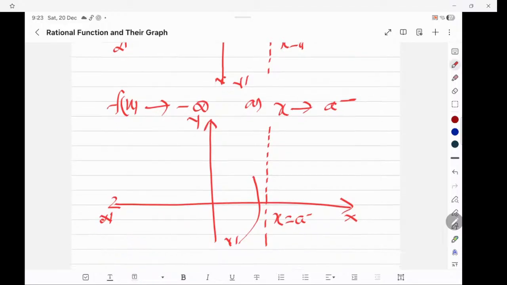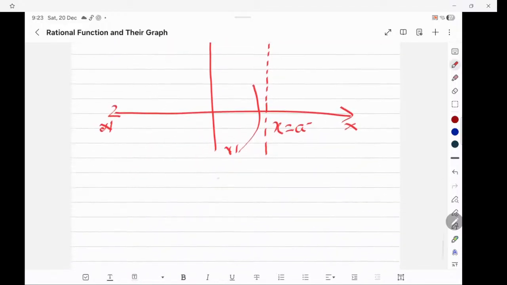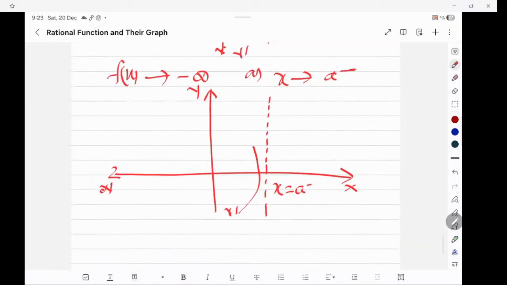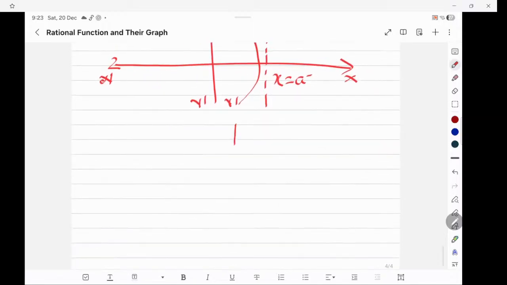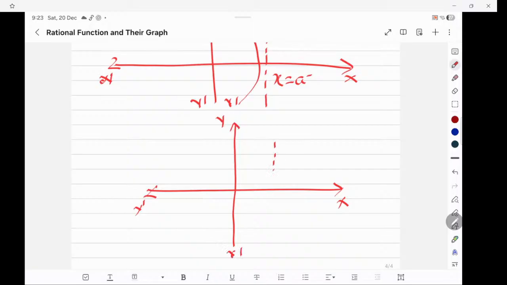And here also, if you draw the axes and this line, the graph plotted looks like this: y equals f(x).